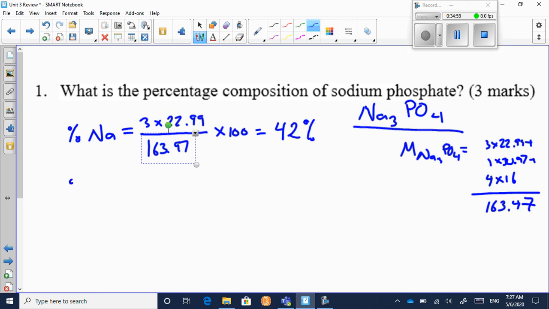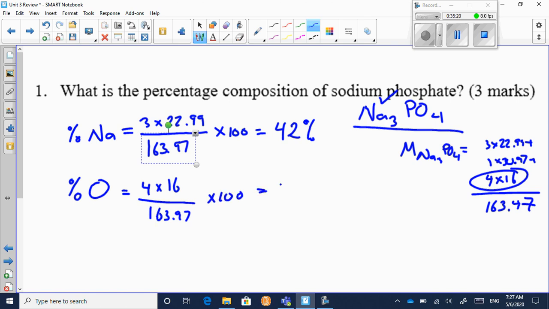Okay, then we'll do it for the percent of oxygen. So we've taken care of the sodium. Now I'll do the oxygen. So it's going to be 4 times 16. So notice that I'm actually just using that portion of it. And then I divide by the 163.97. And when I do that, I get 39%.